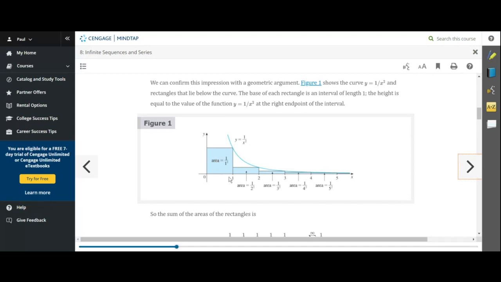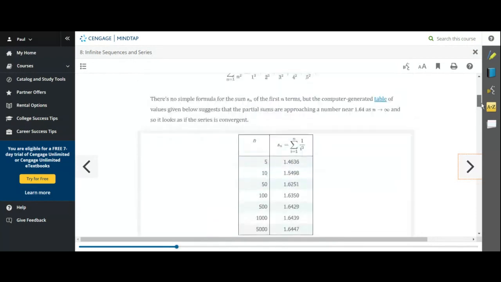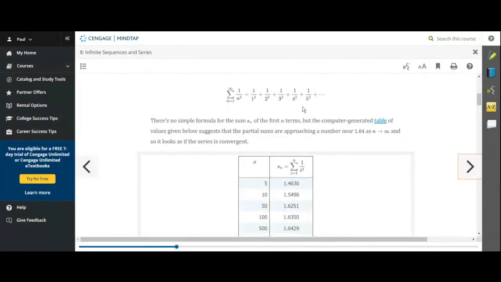Well, if we choose for every interval, like 0 to 1, 1 to 2, 2 to 3, and so forth, the right endpoint to determine the heights of the boxes, the area of each box is going to be the same as the values in the series here.